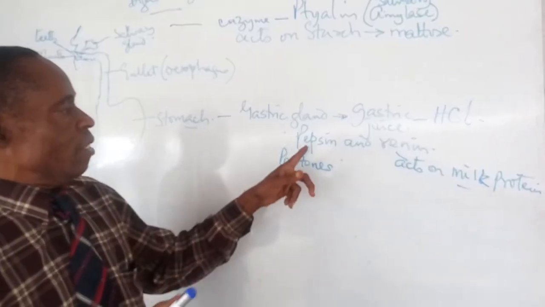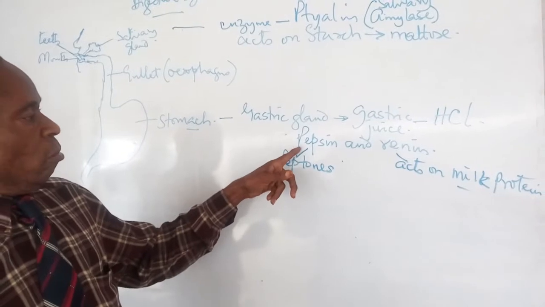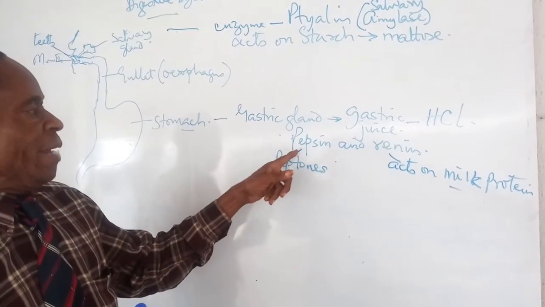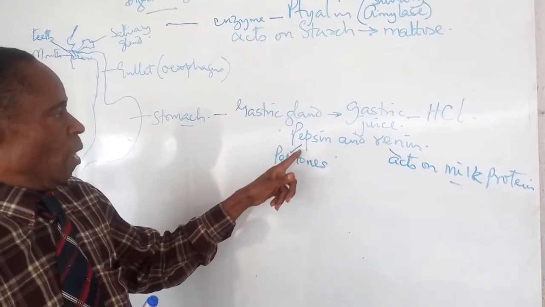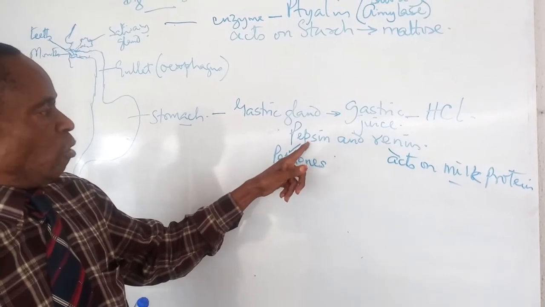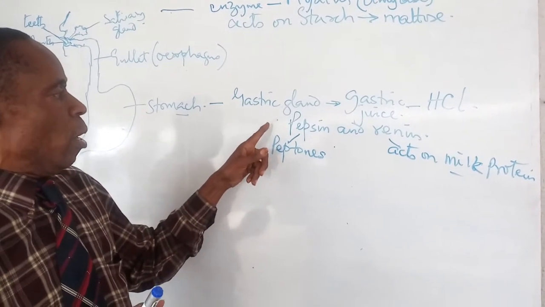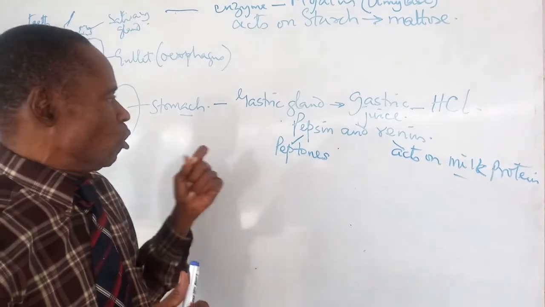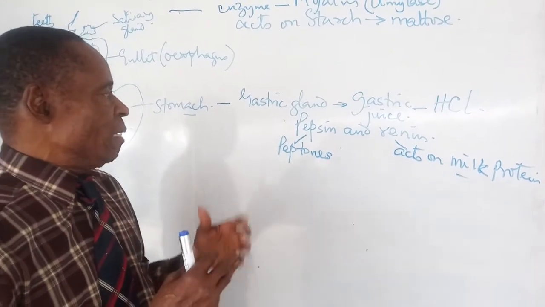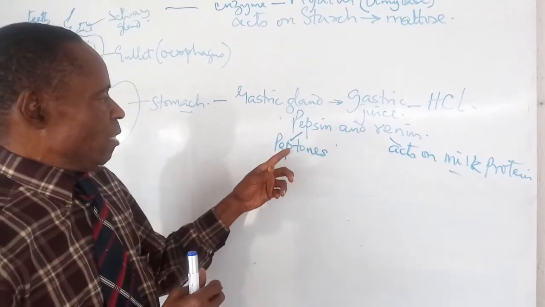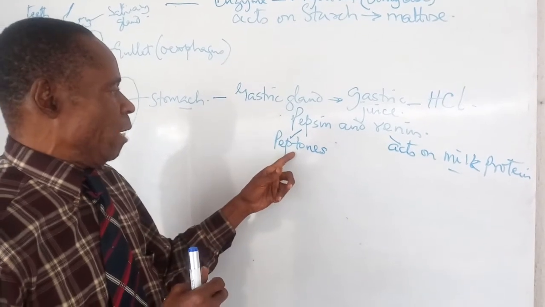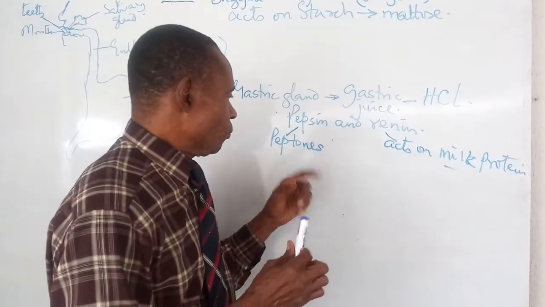So we see now that at this level, protein digestion has started by the action of pepsin on the protein food that you took, like meat, beans, egg, and so on. It changes the protein into peptones.